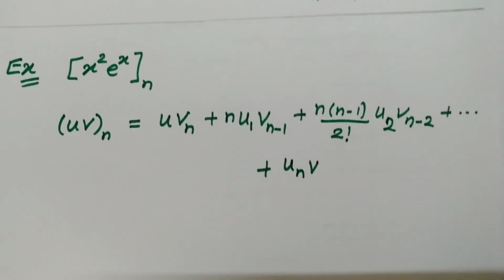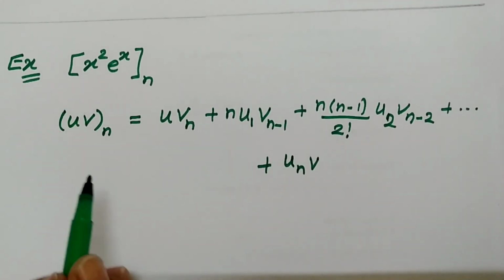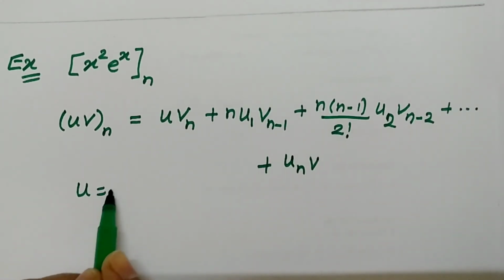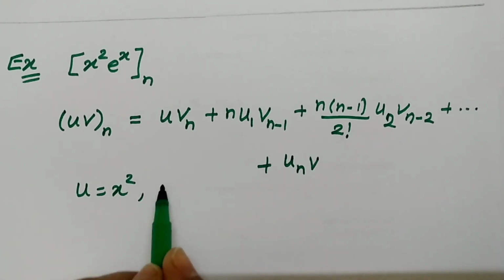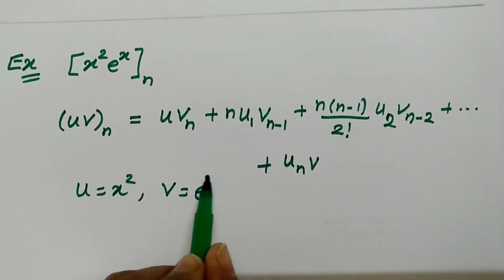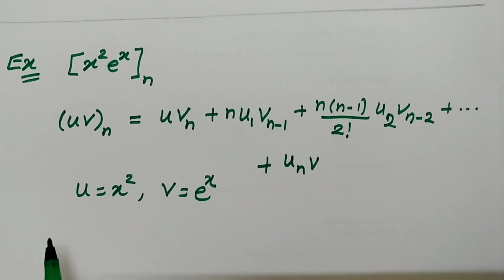Now if we apply this Leibniz rule for this term, we consider u equals x square and v equals e raised to the power x. To simplify easily, we have to choose u such that the derivative of u vanishes after finite differentiation.